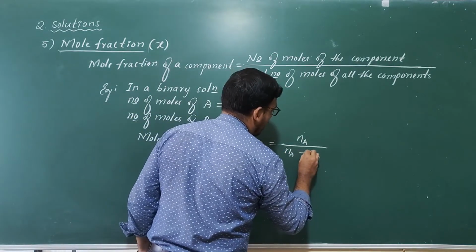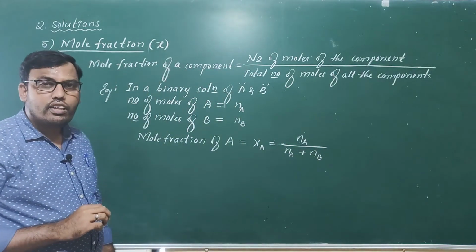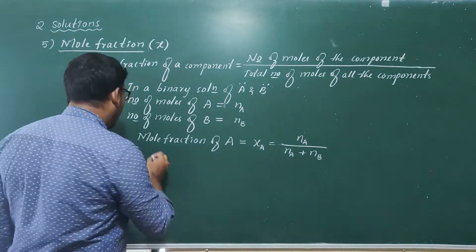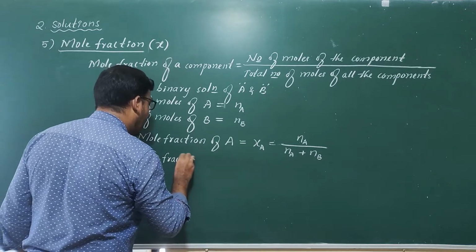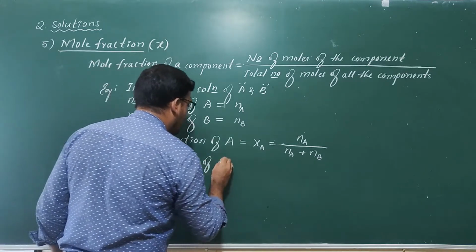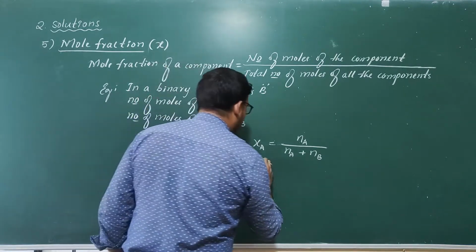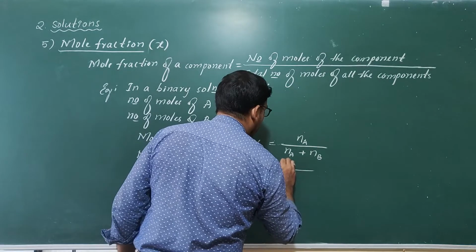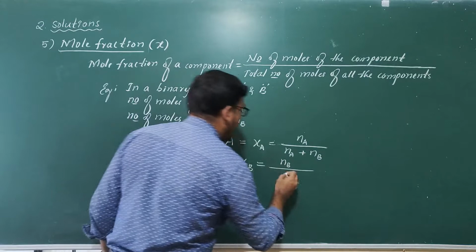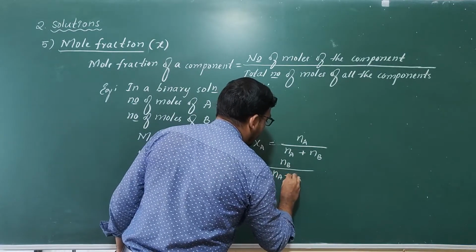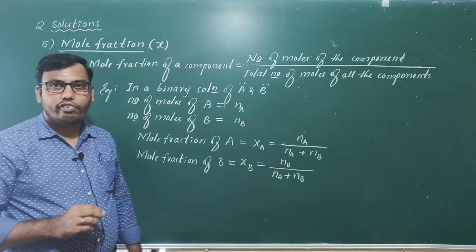So this is the mole fraction of component A. Similarly we can calculate mole fraction of component B. Mole fraction of B is represented by Xb, that is equal to Nb, because number of moles of B is represented by Nb, Nb divided by Na plus Nb. So this is the mole fraction of B.